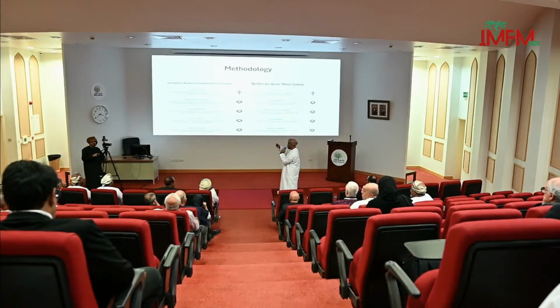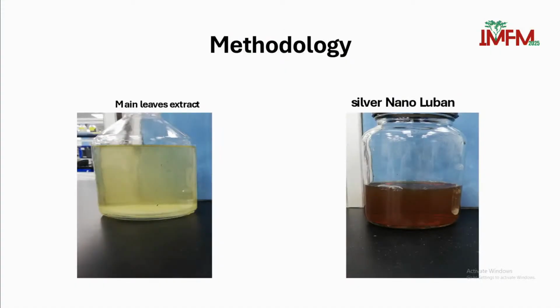We take the ratio between the extract and the silver nitrate of 9:1, and then we convert it to the nanosize. This is the main extract on the left, it is the water. And one indication that our product has been converted to the nanosize is the color. The brown color is the confirmation that we converted our product to the nanosize.